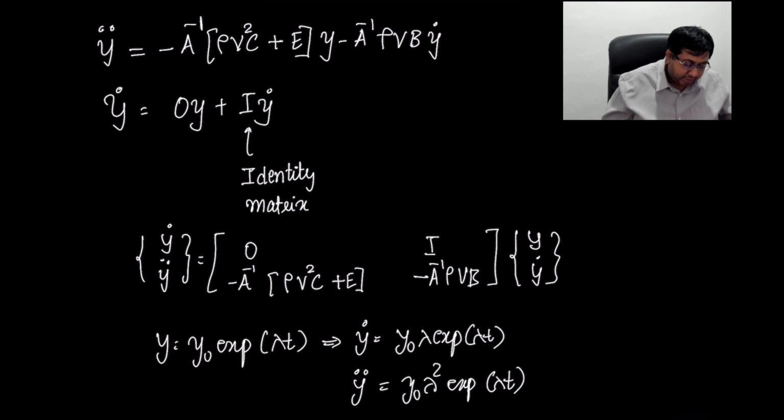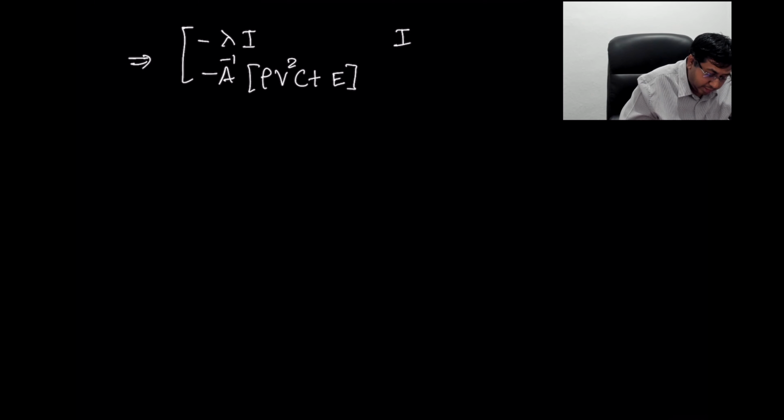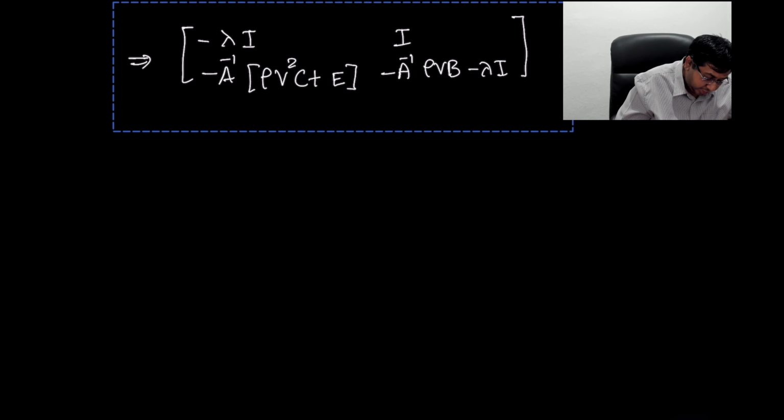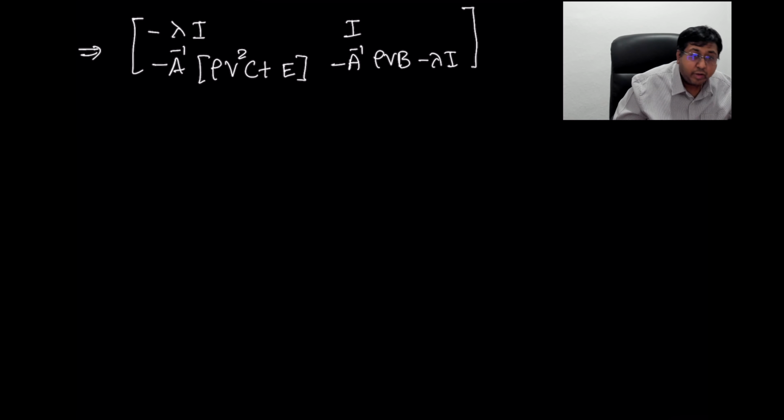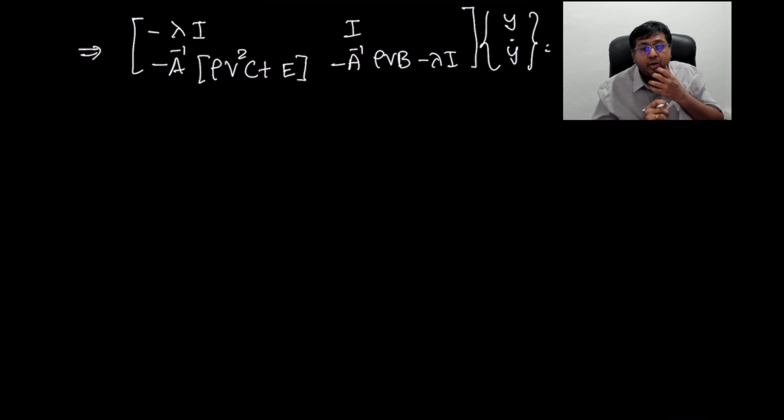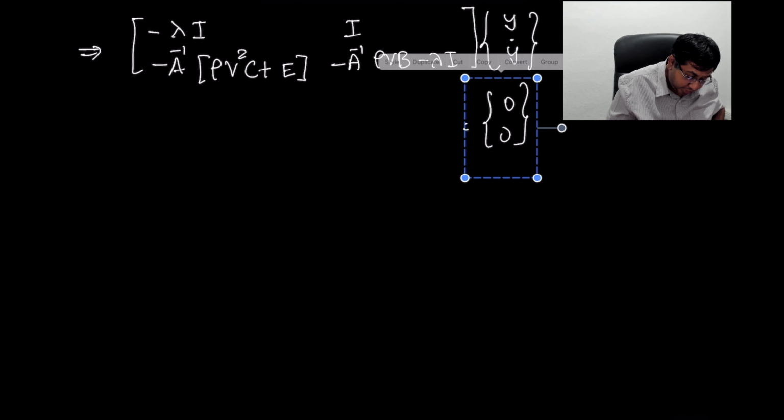So if we substitute all of this back into our equation of motion, we can rewrite it as minus lambda into I, minus A inverse into rho V square C plus E, I, minus A inverse rho V B minus lambda I, into y and y dot equal to 0.